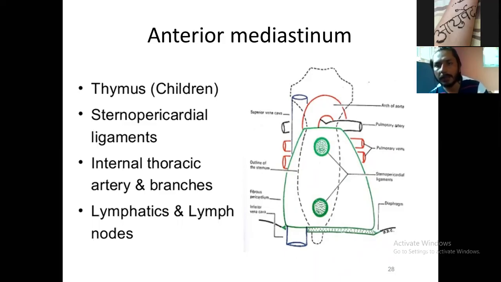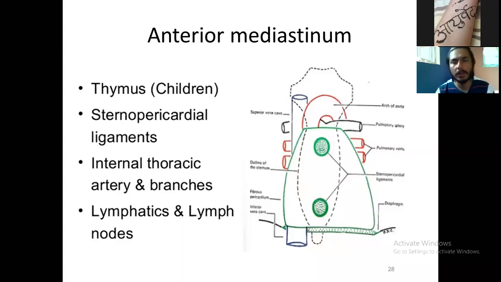As age increases, after puberty the thymus gland shrinks and its size gradually decreases, so it may not be in the anterior mediastinum in adults. So the content is some part of the thymus gland in case of children.